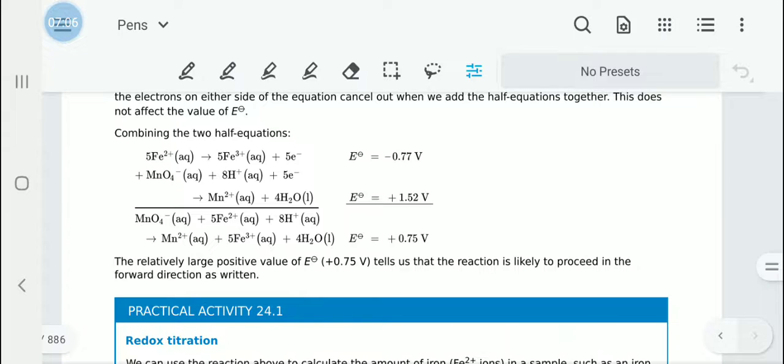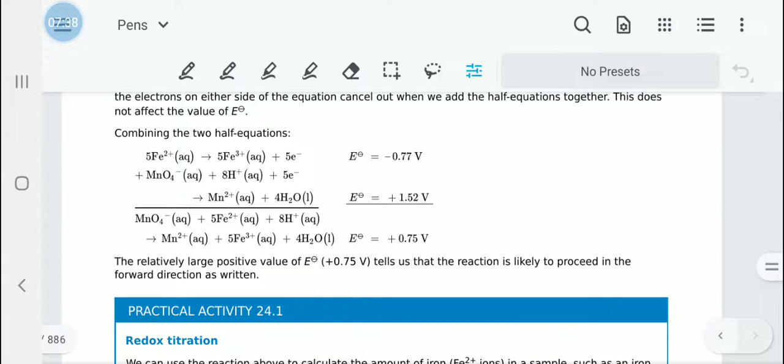Then for the overall reaction, we cancel out whatever is on either side. That means the electrons are going to be removed. Then we have MnO4- aqueous plus 5 Fe2+ aqueous plus 8H+ aqueous becoming Mn2+ aqueous, 5 Fe3+ aqueous and 4H2O, and the overall E standard value is going to be plus 0.75 volts.